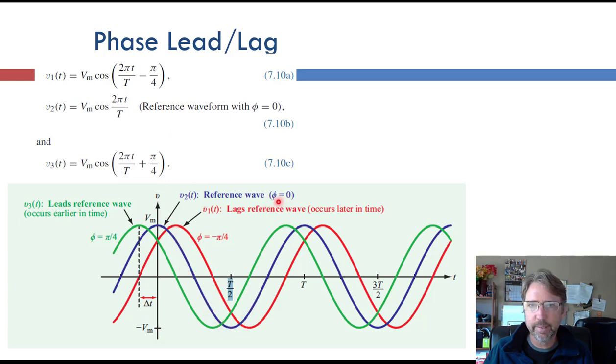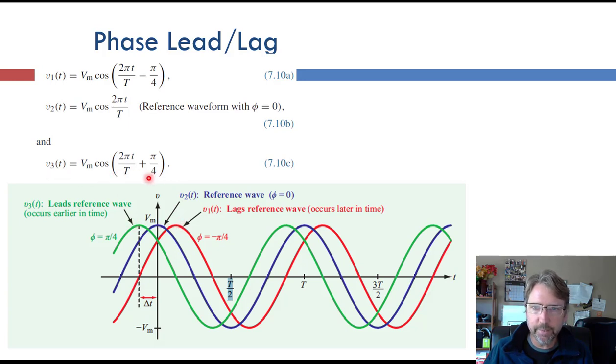So the phi is 0 there. And if we add or subtract pi over 4, V1 has negative pi over 4 phase. That's the red here. This is t equals 0. This is later, so its peak comes after, so we say it lags. Negative phase shift lags.